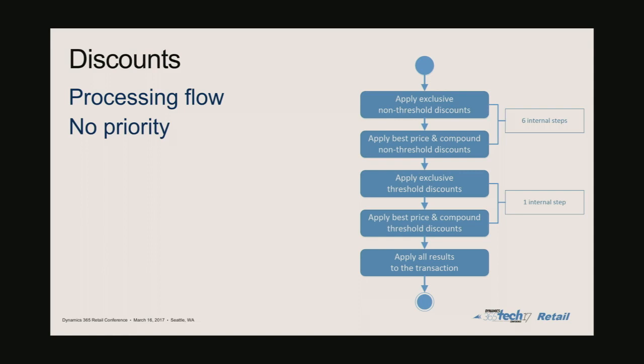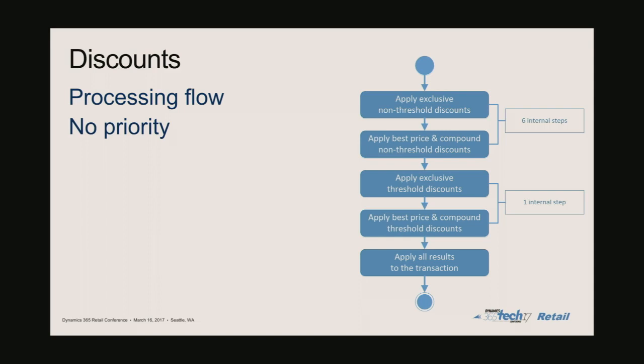So for a single priority, if you don't look at the retail priority feature I talked about, there's an ordering that we do discounts. We do non-threshold discounts and then threshold discounts to start with. Inside each of those, as we did with price, we do exclusive first, and exclusive excludes any best price or compound consideration. And then we do best price and compound.